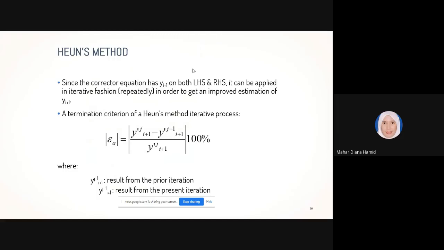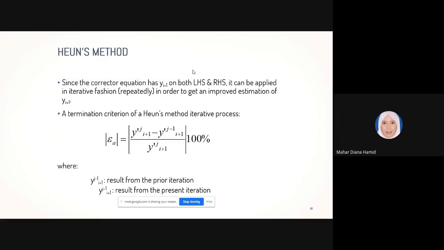Since it's iterative, repeated to get an improved estimation of yi plus 1, similarly with the previous lecture, we can use a stopping criterion.